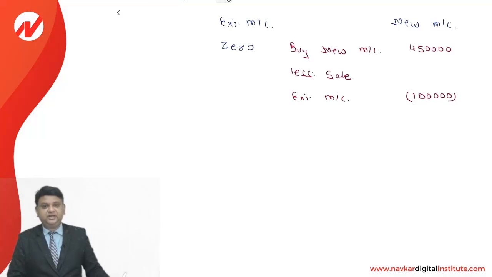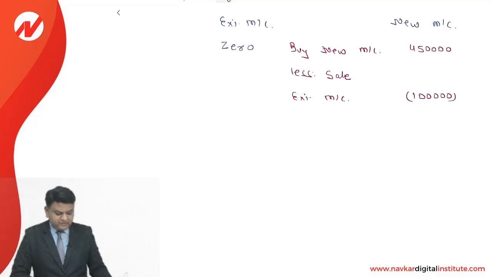The question is specifically providing that you have to ignore the capital gain tax calculation. Further friends, with respect to the existing machinery, we have been provided with two values. If we make an effort to sell the machinery in the market, we can get hardly 30,000, while the supplier is ready to buy our machinery for an amount of 1 lakh.